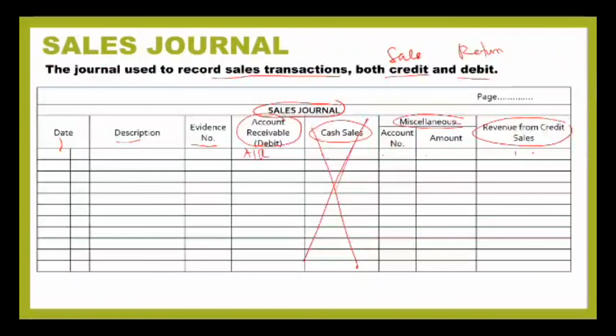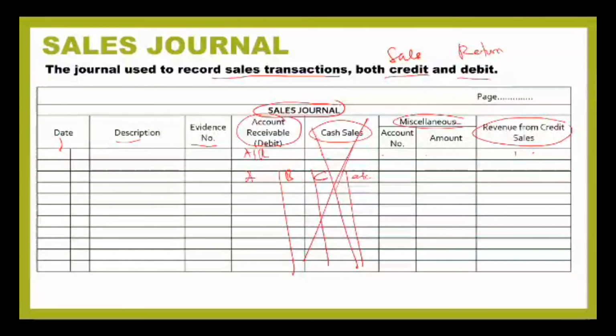Or if the company has a very special customer, you may also make another column here. So the column for this is for the accounts receivable for customer A, customer B, customer C, and this is for others, and so on.